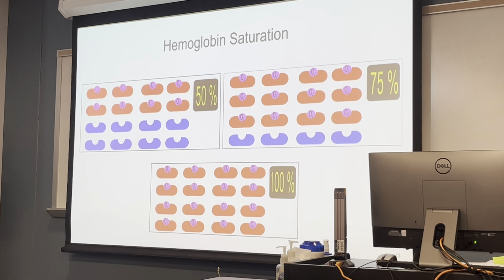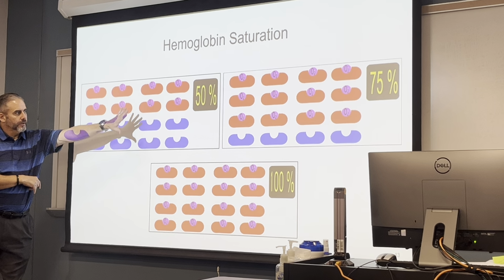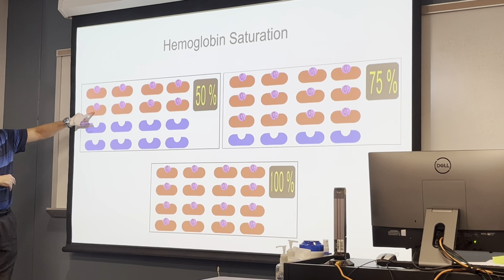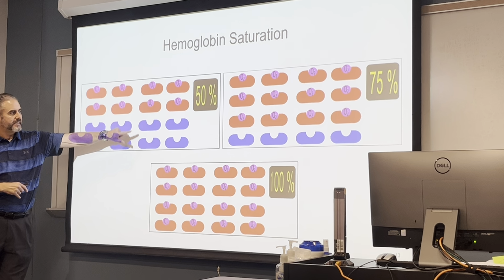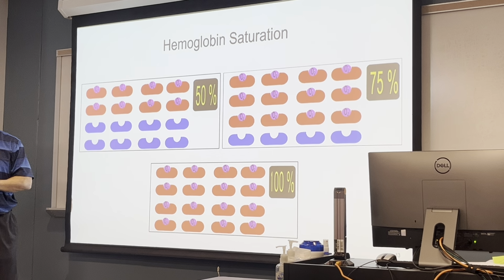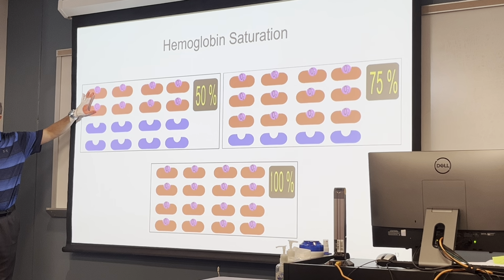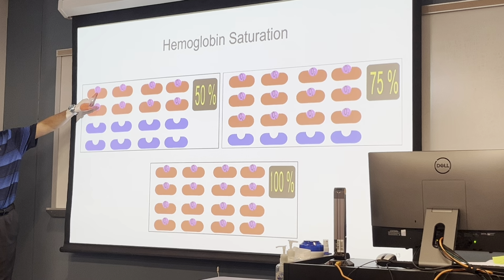All right, just to explain saturation again. This is not my picture. If it was my picture, I would do it just a little bit differently, but you get the point. Now, in this particular image, these things represent hemoglobin. There's 16 of them. We'll pretend that's a normal classification of hemoglobin, 16. But only half of them are carrying, and this is where I would draw this picture differently.